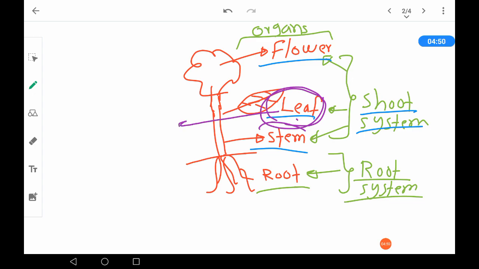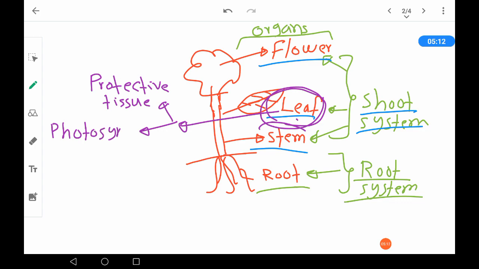The leaf is made up of different tissues, like protective tissue, photosynthetic tissue, and, for example, conductive tissue.